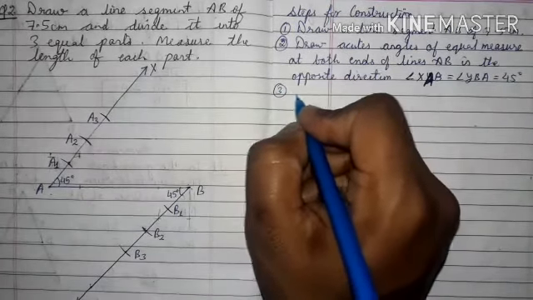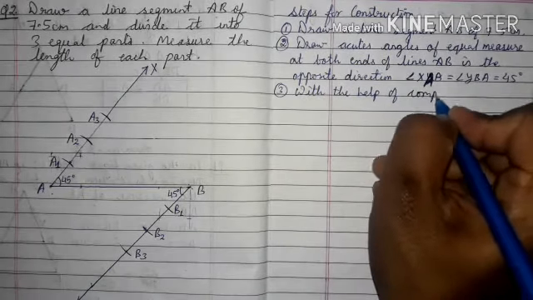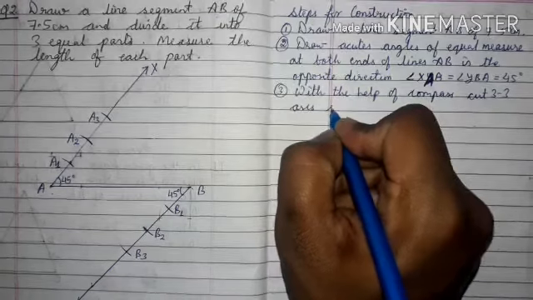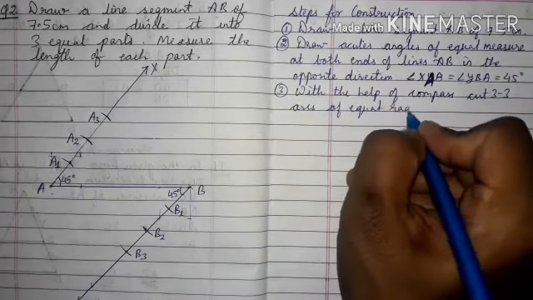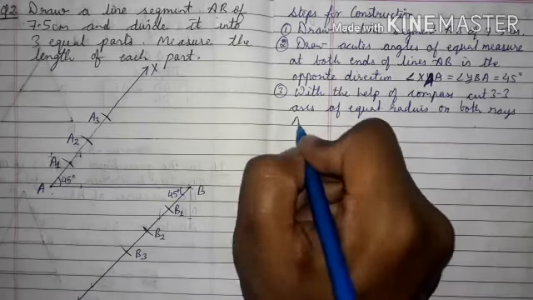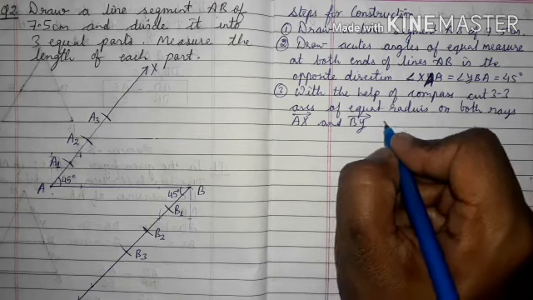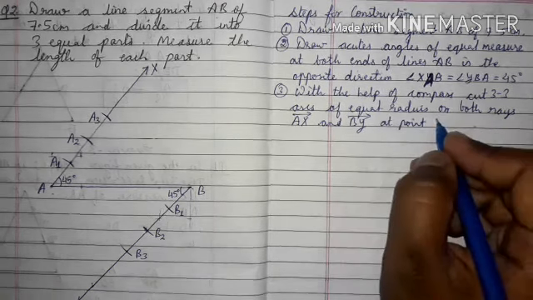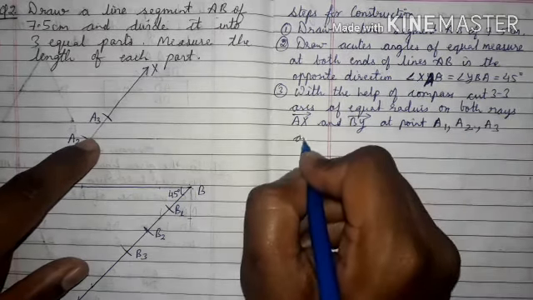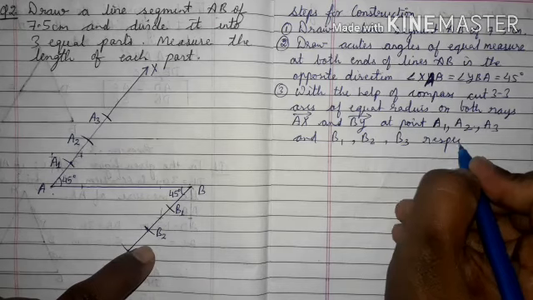Write the step: with the help of compass, cut 3 arcs of equal radius on both rays AH and BY at points A1, A2, A3 and B1, B2, B3 respectively.